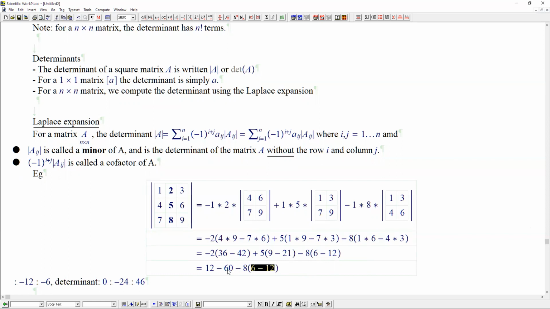Then 6 minus 12, minus 6, so plus 48. So 48 plus 12 is 60. Yeah, okay, it's 0. That's what I had found.